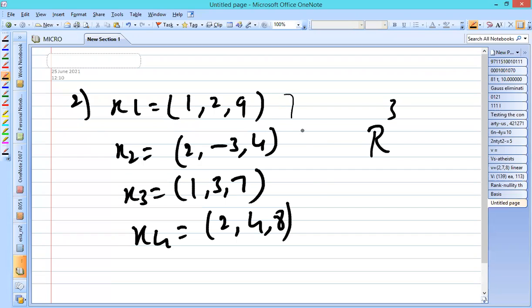What is the answer? We can tell yes or no, no problem. If it is wrong also, I'll just tell the answer, how to do the analysis for this. Don't hesitate, you can answer the question. Whether x1, x2, x3, x4 form a basis in R3.